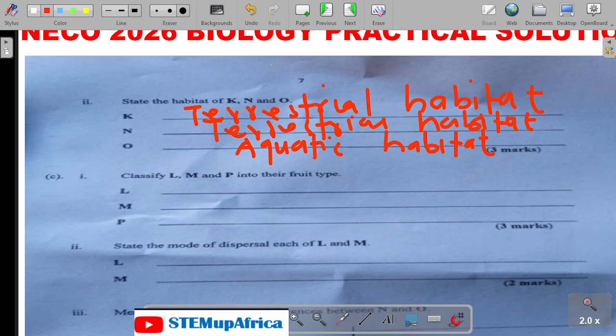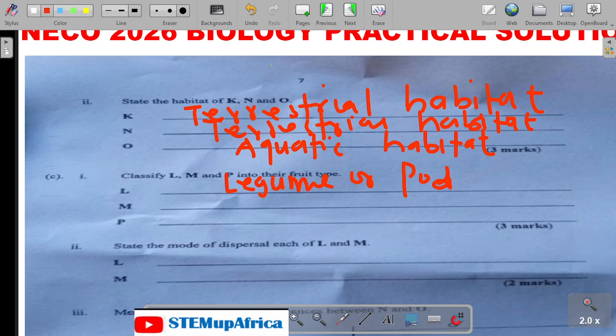Then classify L, M, and P into their fruit type. Number 1, L is legume or pod.